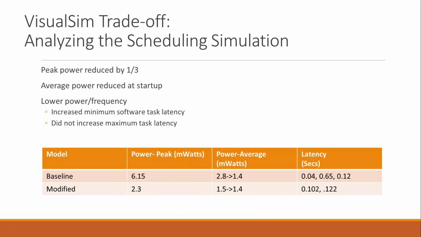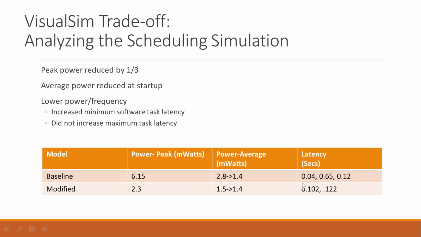Doing analysis of the scheduling simulation, I can have a baseline where the peak power is say 6.15 milliwatts. The average is going between 1.5 and 2.5. And these were the different levels of latency. When I modified it, I can see where my power dropped. But notice the average is actually pretty flat between 1.4 and 1.5, not a whole lot of difference.